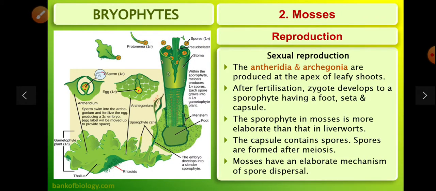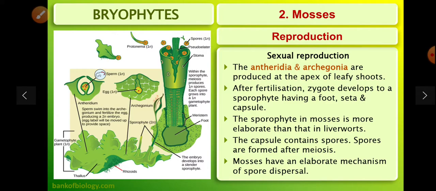Sexual reproduction: the antheridia and archegonia are produced at the apex of the leafy shoot. After fertilization, the zygote develops into a sporophyte having a foot, seta, and capsule. The sporophyte in mosses is more elaborate than that in liverworts.